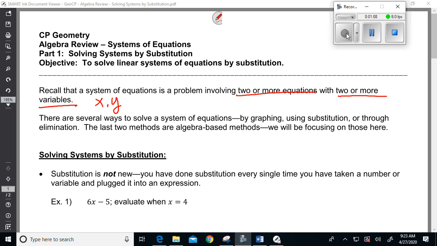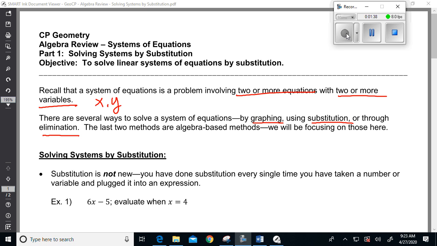There are several ways to solve a system of equations, but the three that you have probably learned back in Algebra 1 were graphing, substitution, and elimination. Substitution and elimination are algebra-based methods, which are plug in, solve equations, things of that nature. And those are the two methods that we're going to focus on. So let's start with substitution.